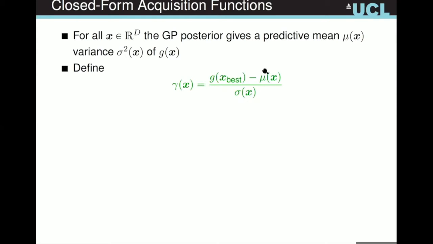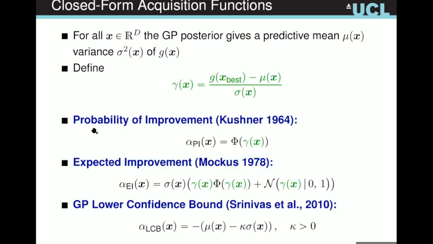So with this definition, we can define 3 acquisition functions. One is called the probability of improvement, which is evaluating the Gaussian CDF at this gamma of x value.